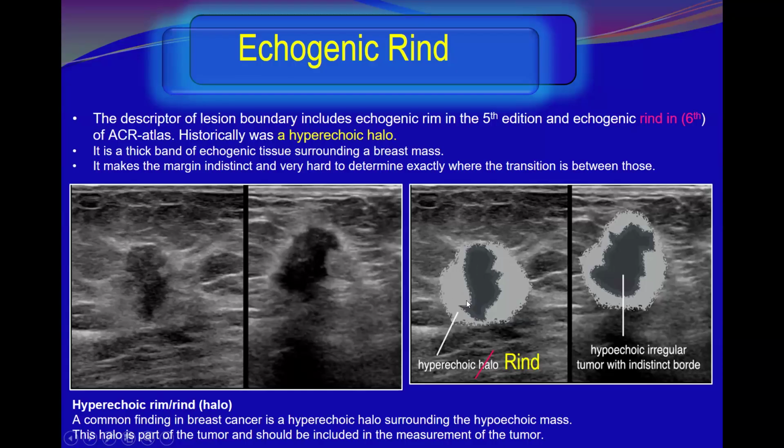This is an illustration, an image from the literature. You see, early on it was a hyperechoic halo, but we no longer use hyperechoic halo. Now it is a hyperechoic rind, of non-uniform thickness. It is usually surrounding a hypoechoic mass of variable shape, as we have seen, some of which are just oval, but with this rim, and it can be irregular, can be rounded, whatever.